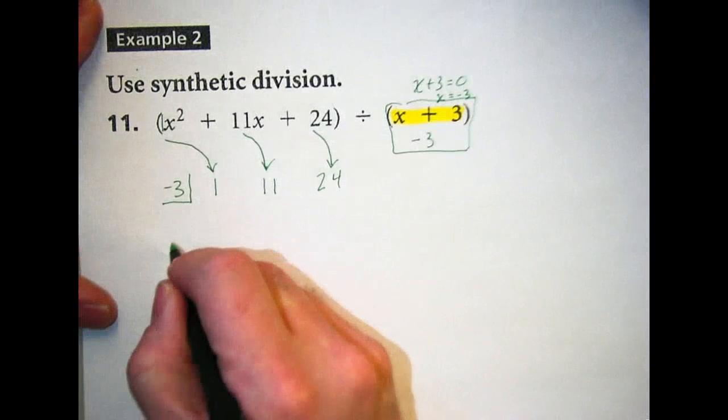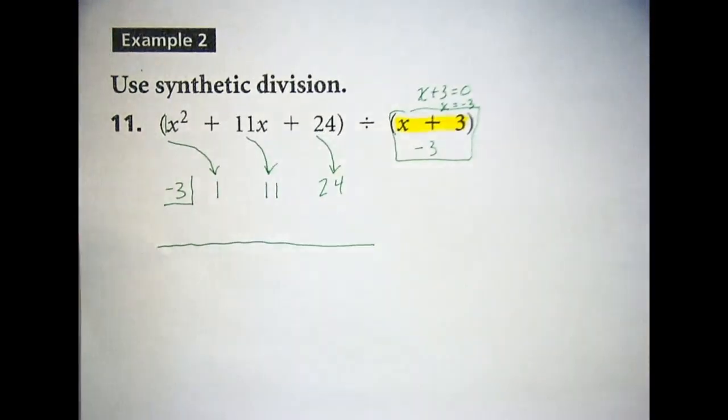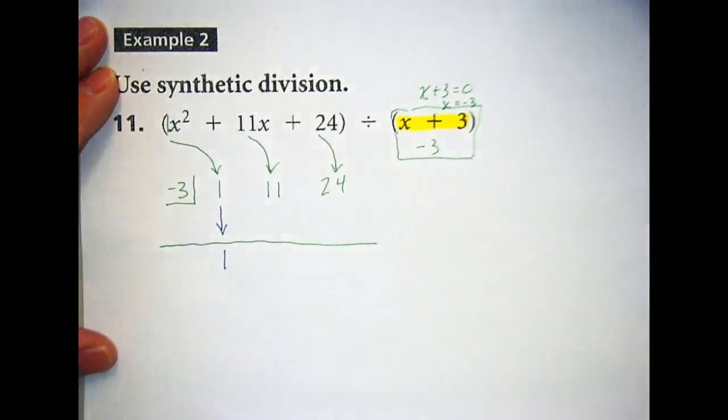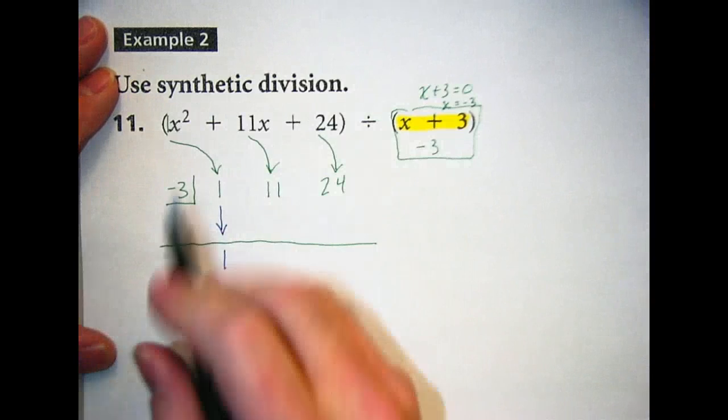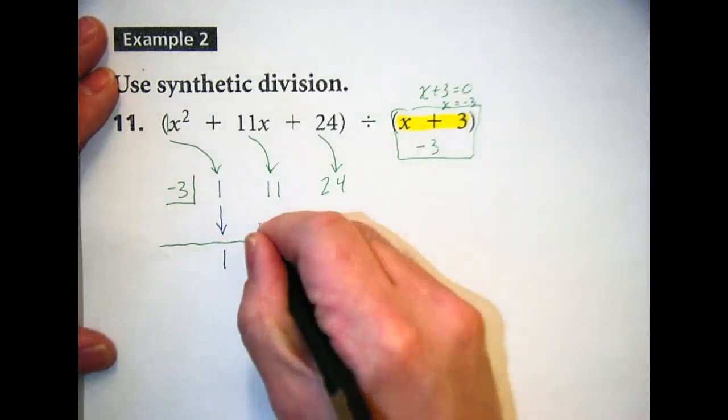Then we're going to skip a line and draw an equal or a line there. Okay? Now the process just goes like this. You drop down the 1 and that starts the whole deal. Drop down that first coefficient. And you go negative 3 times 1 is negative 3.